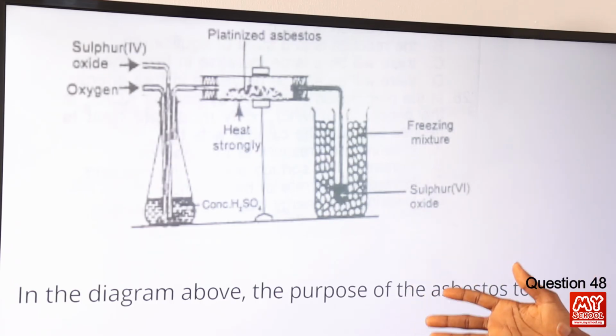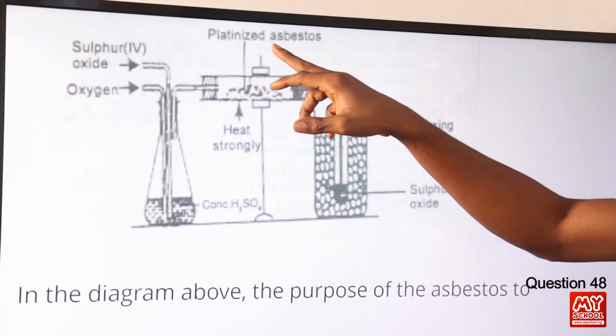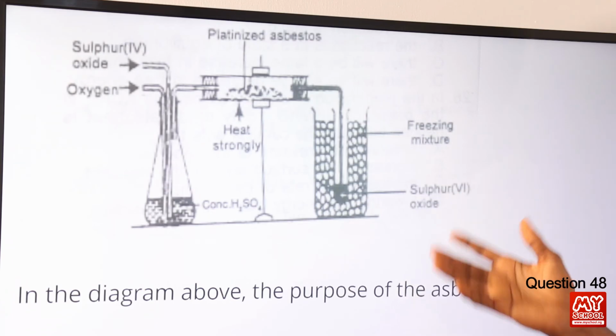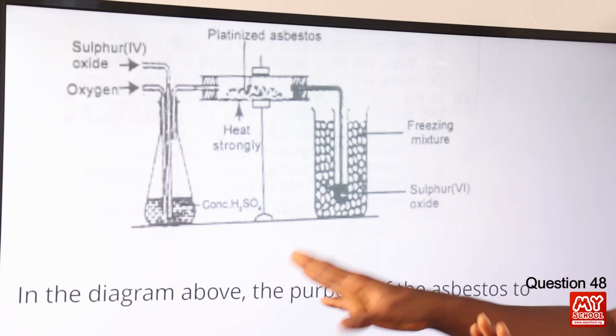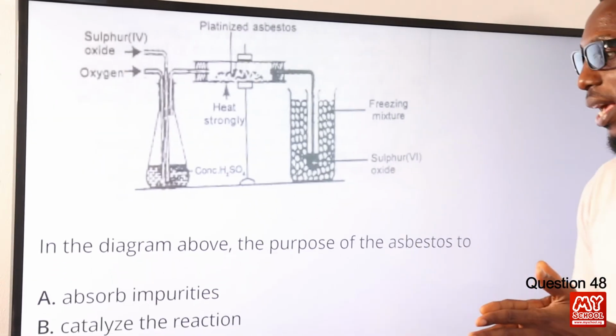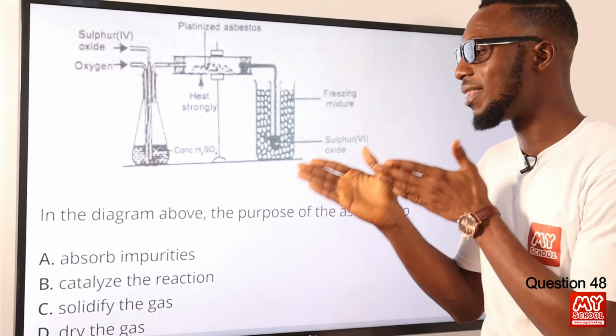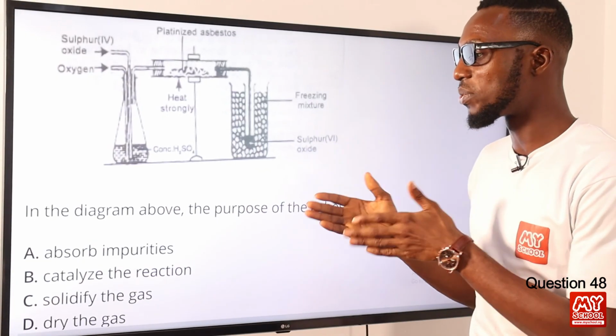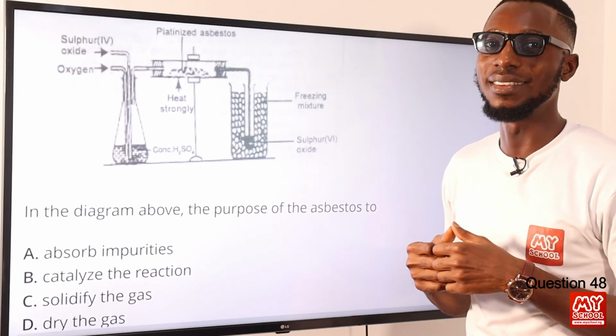How do you do that? You use this platinized asbestos, or you can use vanadium 5 oxide as your catalyst. Then as well, you can work around the pressure, maybe a slight pressure, then temperature around 400 degrees Celsius or the like. So in the diagram above, the purpose of the asbestos is to catalyze the reaction so that it can occur. The correct option here is option B.